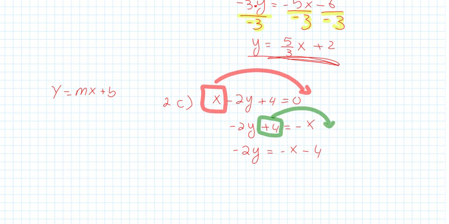Then, what do I do with that negative 2? I divide, that's right. Because what's happening between the negative 2 and the y? Multiplication. To get rid of the multiplication, I have to divide each term by negative 2.